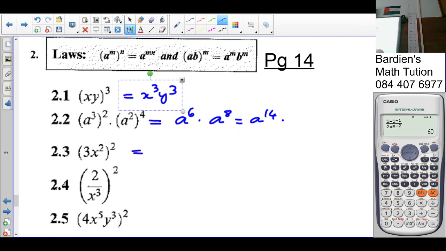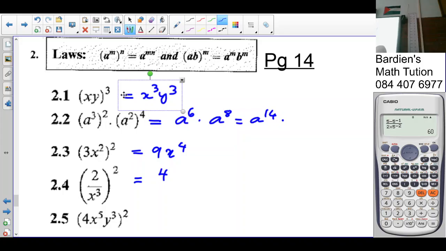Next. It's going to be 3 squared inches. 9x. 4. Anybody got any other answer than that? You all okay with that? Next. It's going to give you 4.